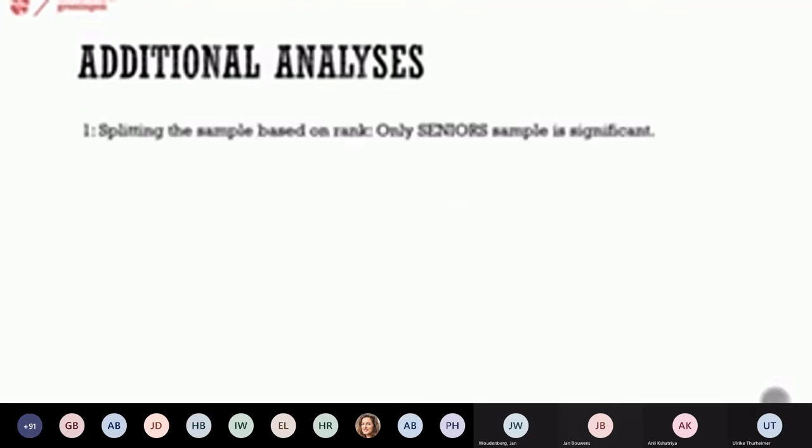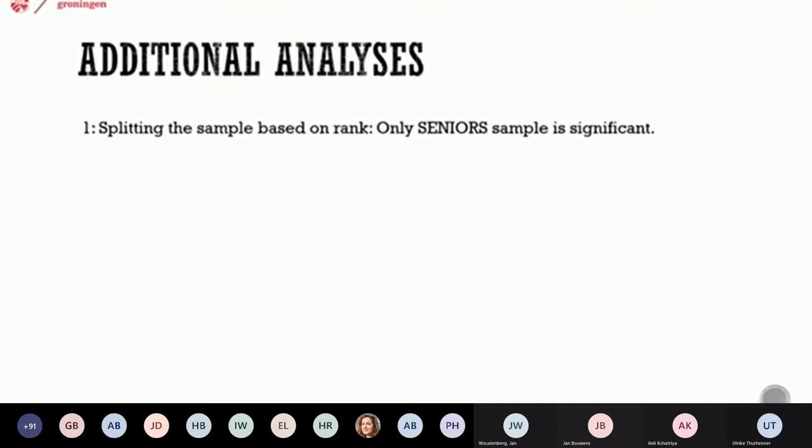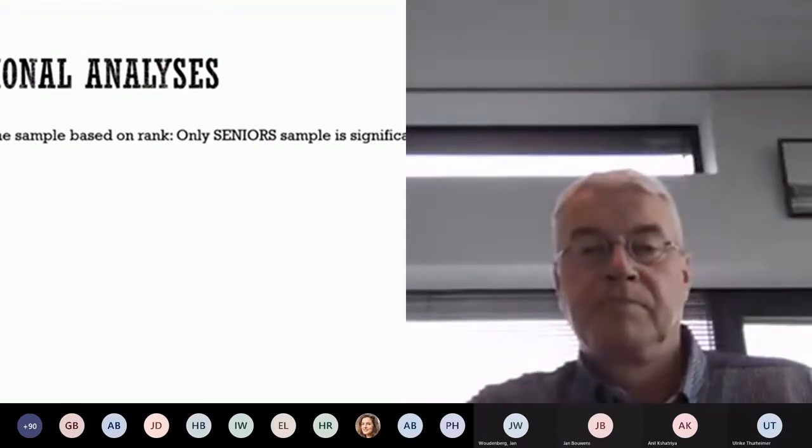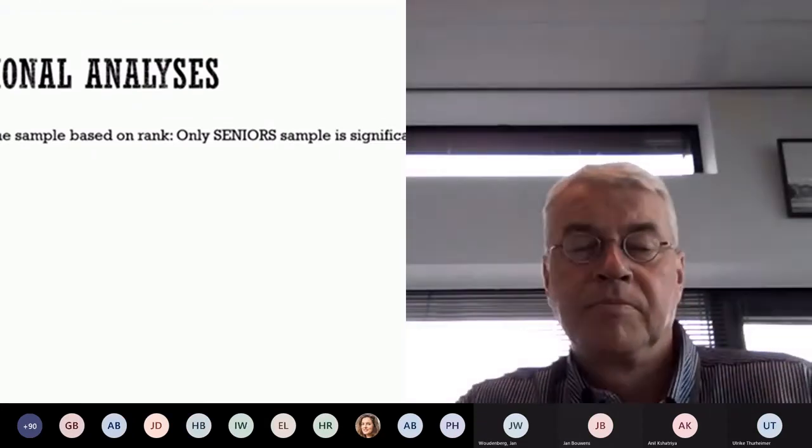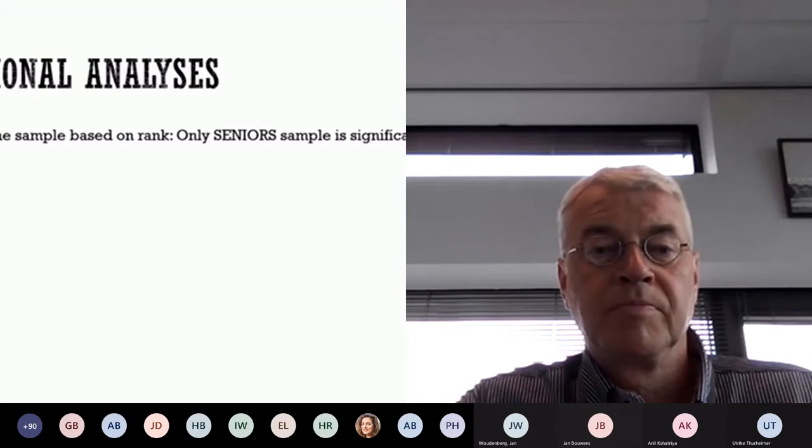We also did some additional analysis, and I think this is quite interesting because what we actually found is that the results were only significant for the senior samples. And if I remember correctly, there were 160 seniors in the sample.